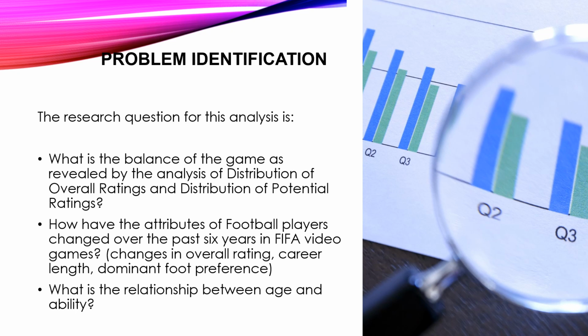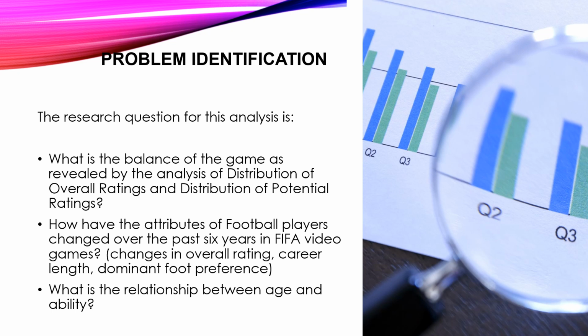On the other hand, if the overall rating is more skewed than potential rating, people's actual ability might be higher than potential. Conversely, if the potential rating is more skewed than overall rating, people's actual ability might be lower than potential.